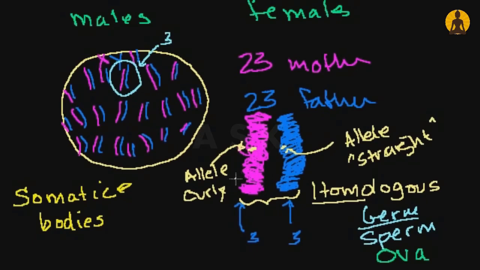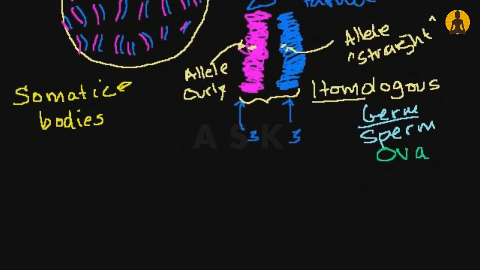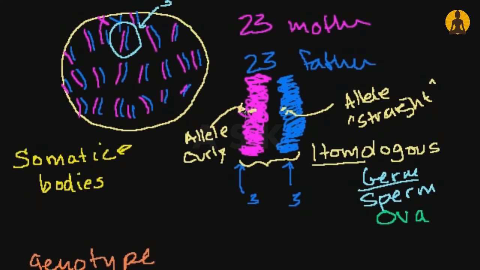So my genotype. Let me introduce another word, and I'm overwhelming you with words here. My genotype is exactly what alleles I have, what versions of the gene. So I got the 5th version of the curly allele. There could be multiple versions of the curly allele in our gene pool. And maybe I got some version of the straight allele. That is my genotype.